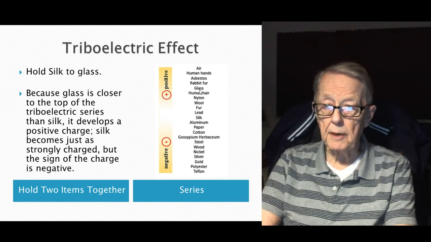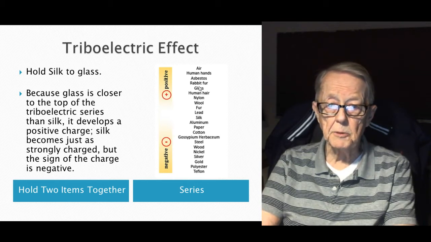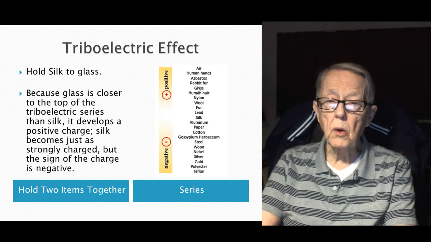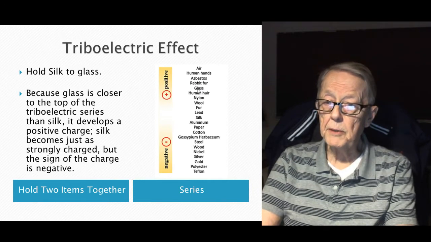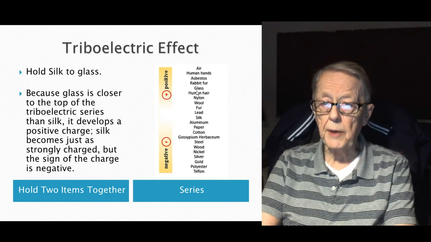They give up the electron, and silk becomes negatively charged, and the glass becomes positively charged. All you have to do is hold them together. You don't have to rub them. These materials have a way of just doing that.